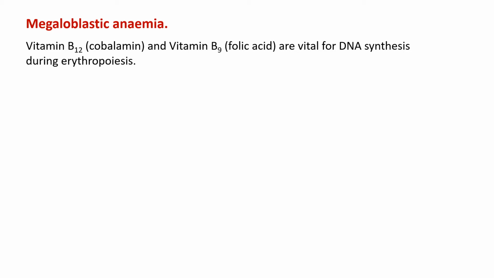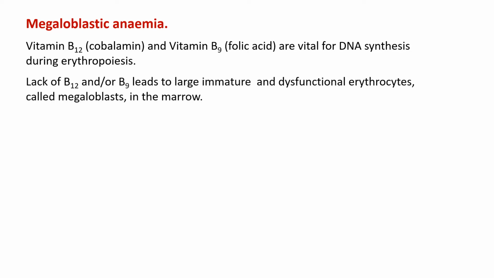The cell cycle, the replication of erythrocytes, is dependent upon B12 and B9. So if there is a lack of B12 and or B9, what we end up getting is these large, immature and dysfunctional erythrocytes. They're known as megaloblasts, and these form in the bone marrow before the erythrocytes are released.